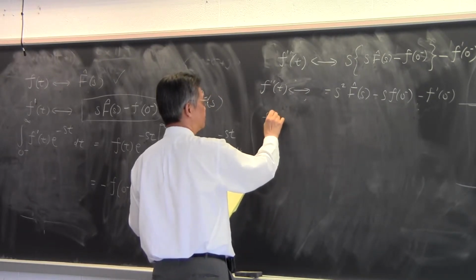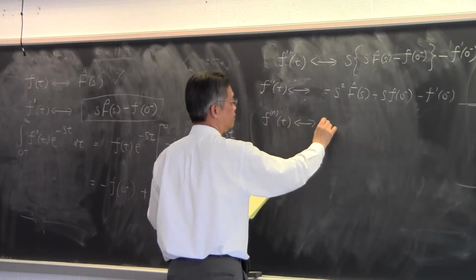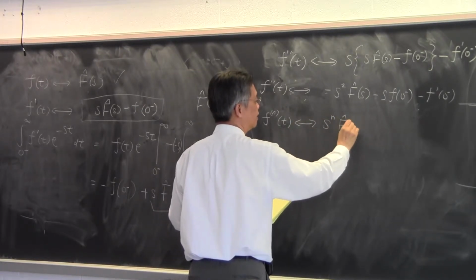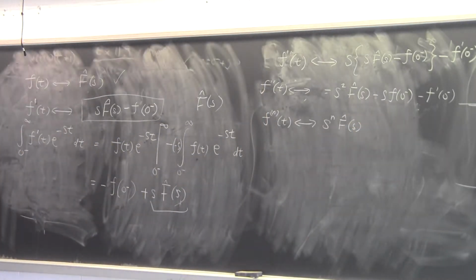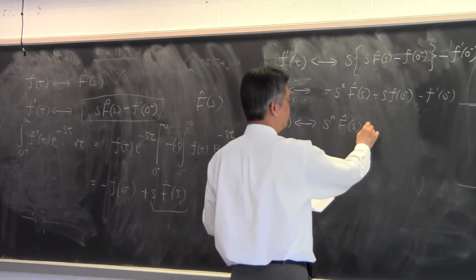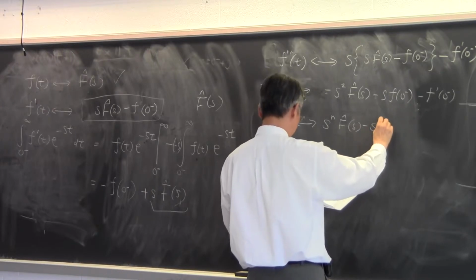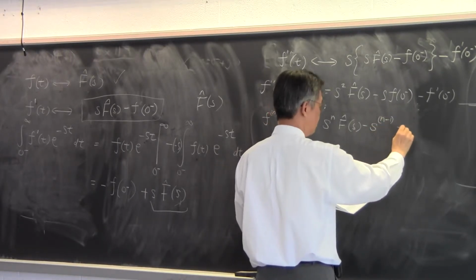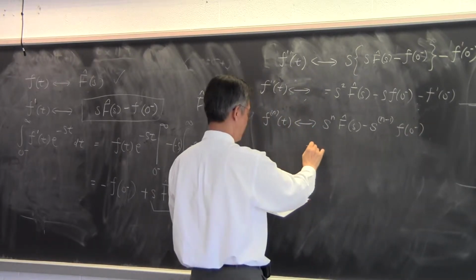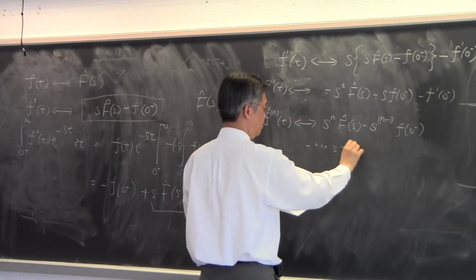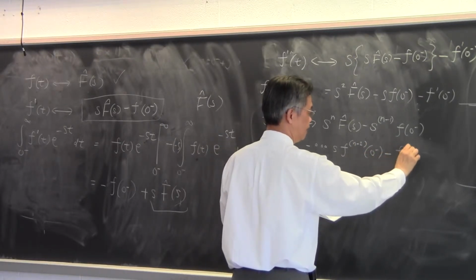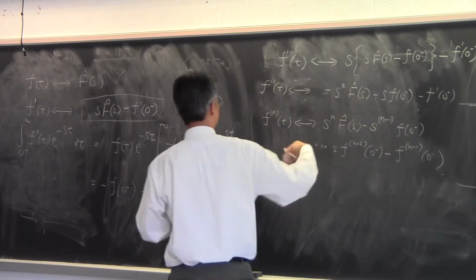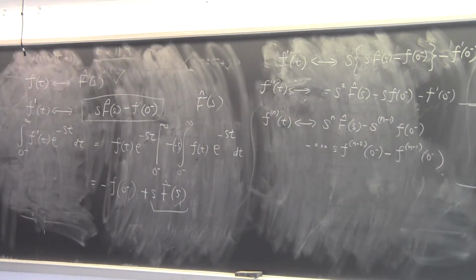The n-th derivative of f of t will Laplace transform to s to the n f hat of s. There is a formula, let me just copy the formula from the textbook, which is obtained by repeated application of this: minus dot dot dot minus s f of n minus 2 at 0 minus, minus f of n minus 1 at 0 minus. You just apply that formula repeatedly, then that is true.